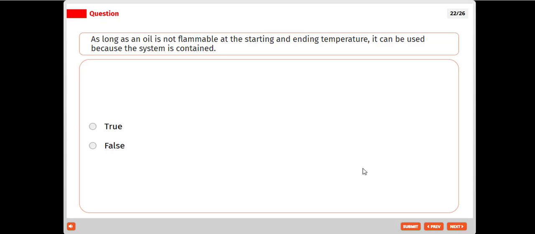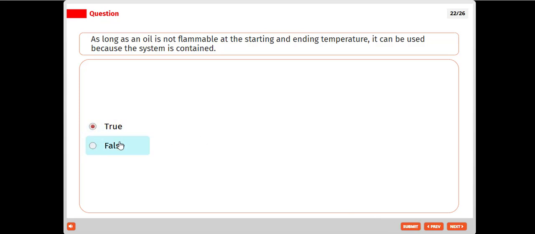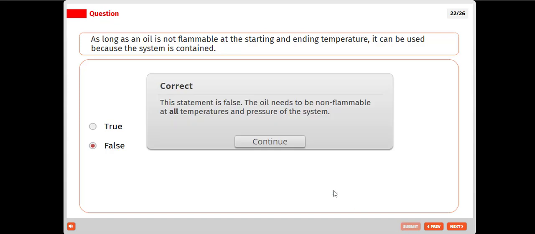The next statement: as long as oil is not flammable at the starting and ending temperature, it can be used because the system is contained. This is incorrect. Oil needs to be non-flammable at all temperatures and pressures of the system.